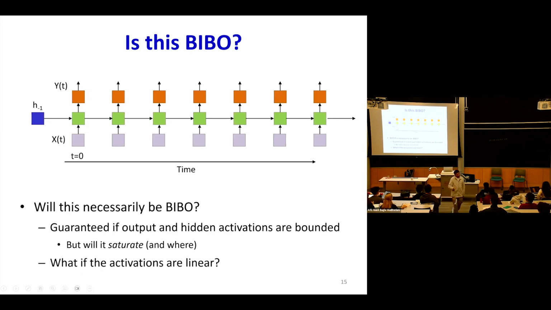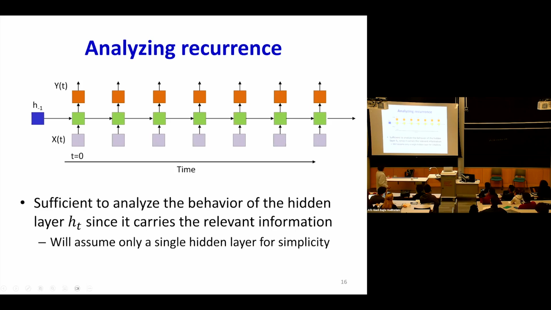So let's look at a simpler problem. What if the activations, particularly in the hidden layers, are linear? Which means that you're just computing an affine function of all of the inputs and then passing it through an identity transform and then passing it on, right? So now to find out if this network is going to blow up or not, it's sufficient to analyze the recurrent layer. We are assuming bounded inputs. So where is the accumulation happening? In the recurrent layer, right?